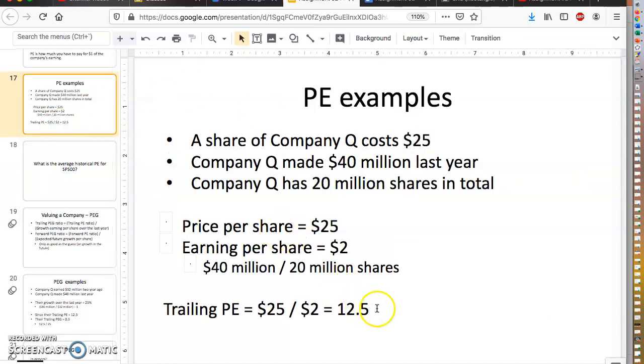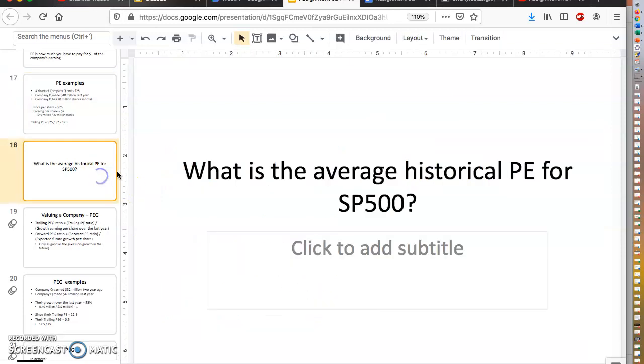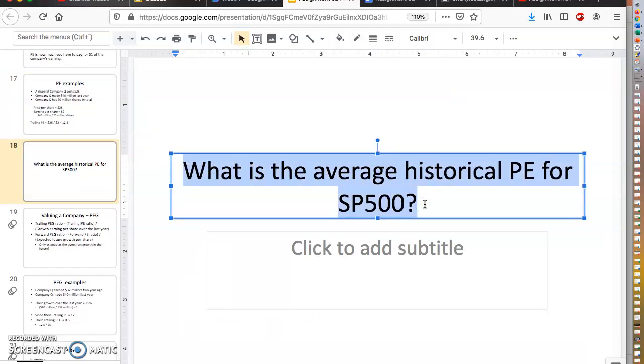Is a 12.5 PE expensive? Is it cheap? And that's why you want to look at what that 12.5 is compared to what it is in general when you look at the stock market over a long period of time.